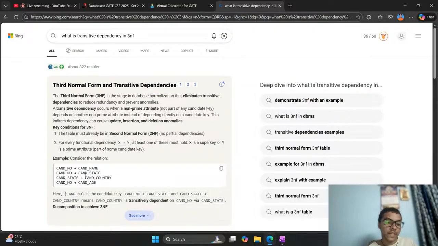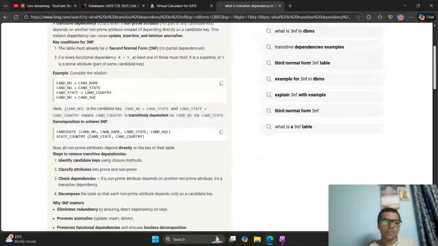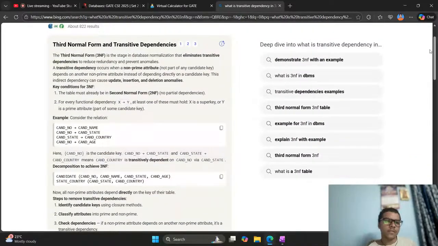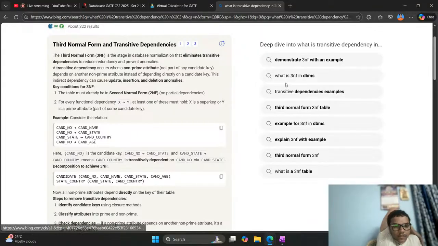Candidate number, candidate name, candidate number, state, candidate country. X is a super key or Y is a prime attribute.